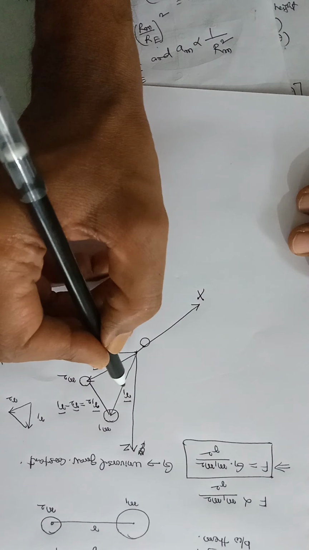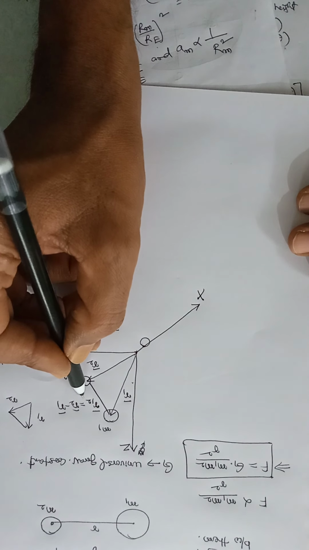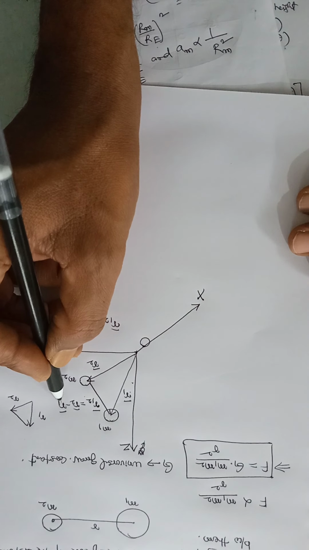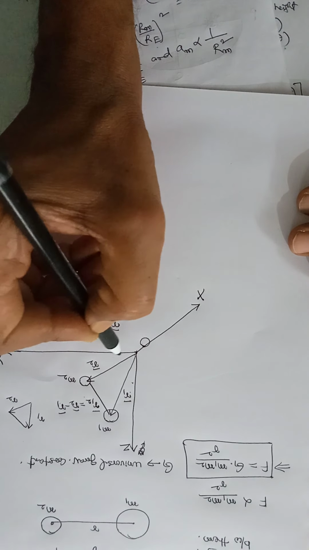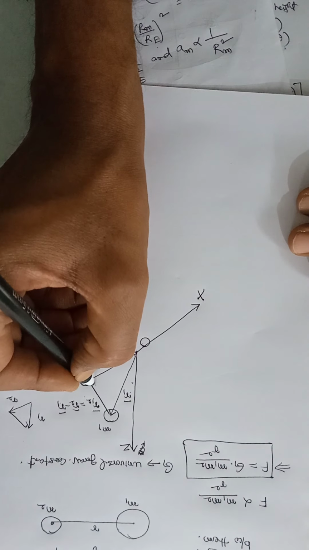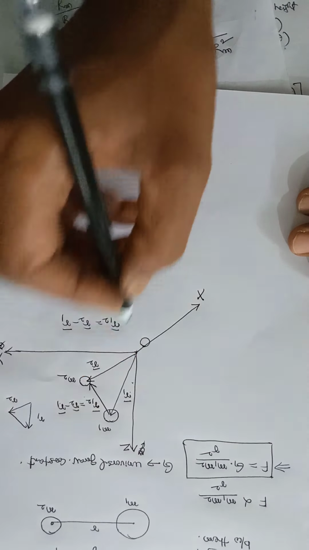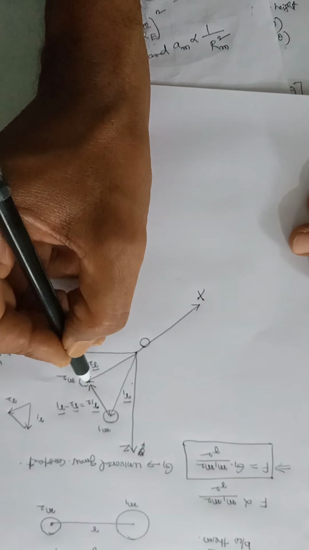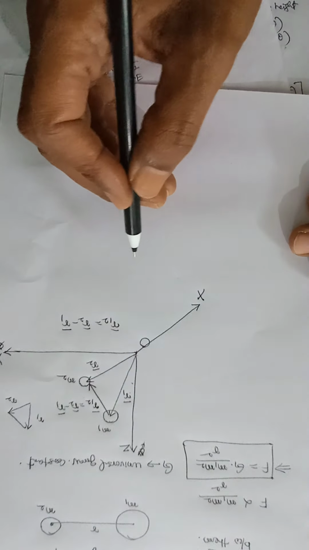See, if to this vector we add r1, the minus r1 and plus r1 cancel and we get r2. So here the arrow mark will be like this. The sum of this vector and this vector is this vector.